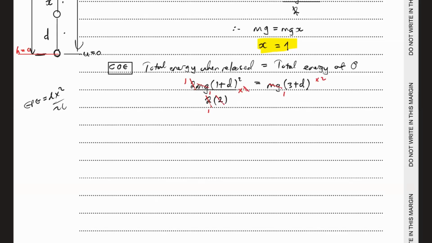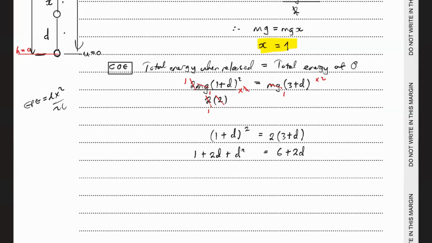So on the left side, we are left with (1 plus d) squared being equal to 2 of (3 plus d), which is 1 plus 2d plus d squared is equal to 6 plus 2d.